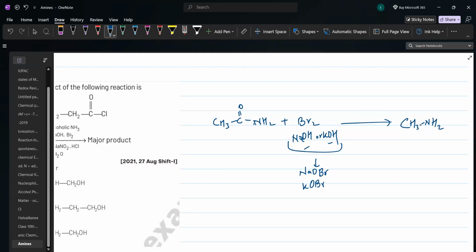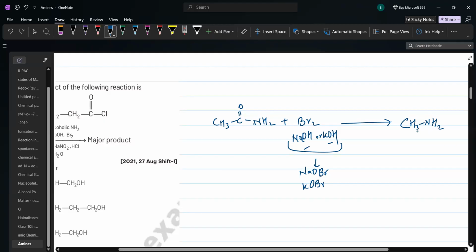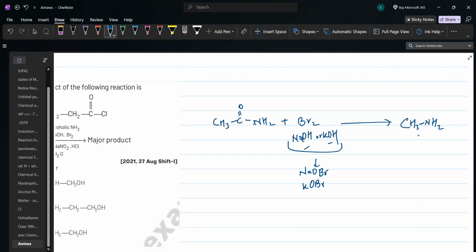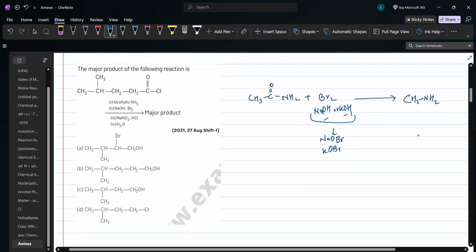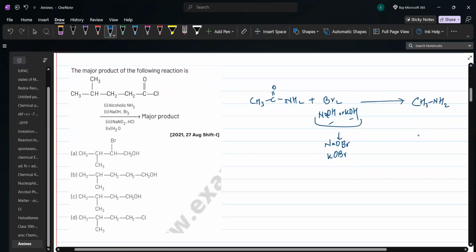We don't have to worry about them. This is one of the ways in which carbon is lost, which is why this is known as Hoffman bromide degradation reaction. Very important. This second step is the Hoffman bromide degradation reaction.